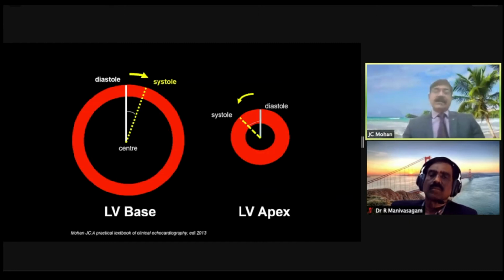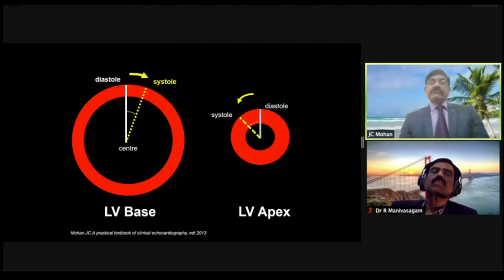The fourth parameter is angular strain, or let's call it rotation, also called twist or torsion. Normally the left ventricular base rotates clockwise when you see from the foot side, but the left ventricle apex rotates counterclockwise from diastole to systole.